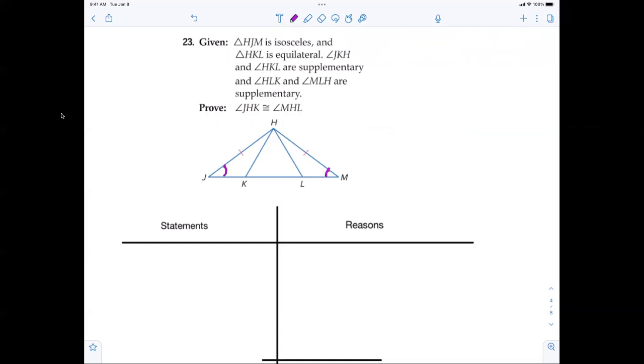Then it's also saying HKL is equilateral. Because it's equilateral, I'm going to go ahead and mark 2, 2, and 2. And then I'm going to come over here and mark this angle right here is equal to this angle right here, which is equal to this angle right there. Is everybody okay with that?